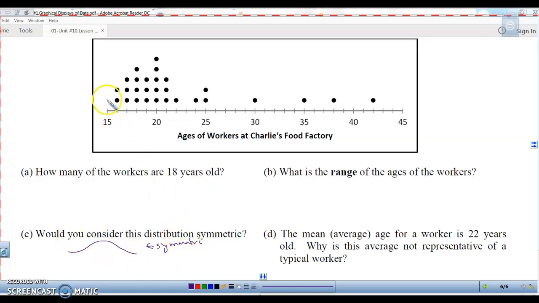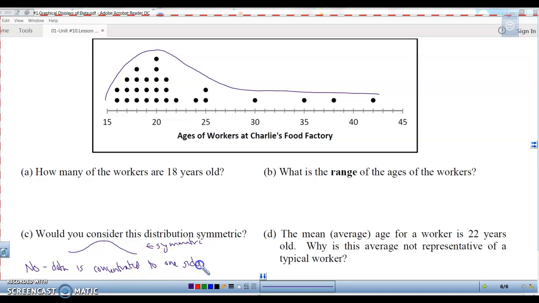So would you consider this distribution symmetric? Well, if I go like this, there are my ages, and then it flattens out like this. Does this line look like that? No. The data is concentrated to one side. So this is not symmetric, but it is called skewed.